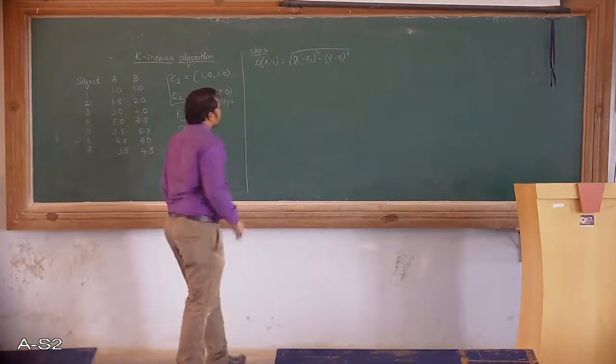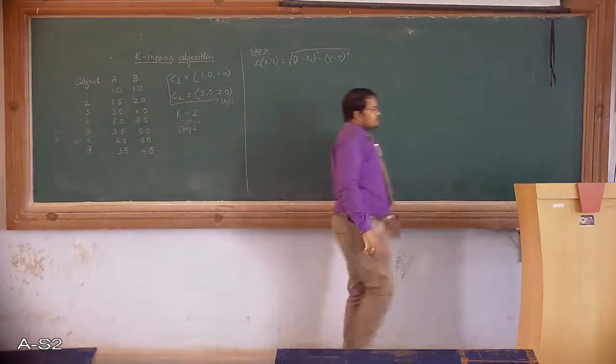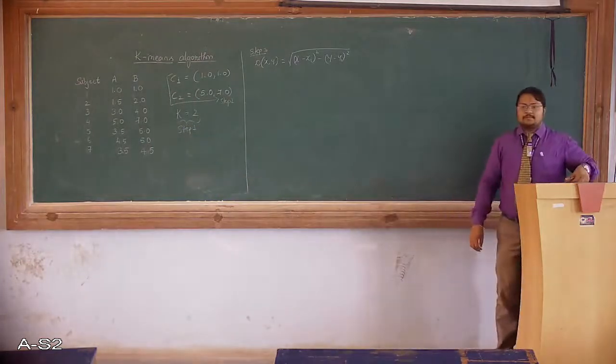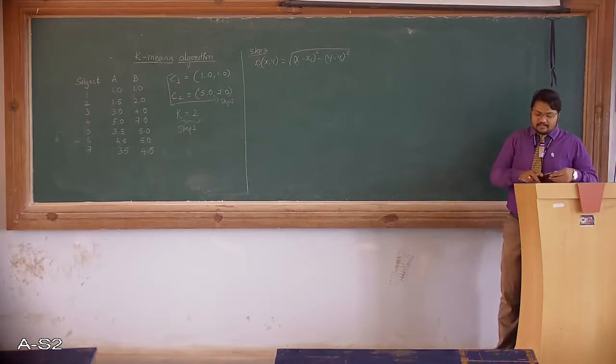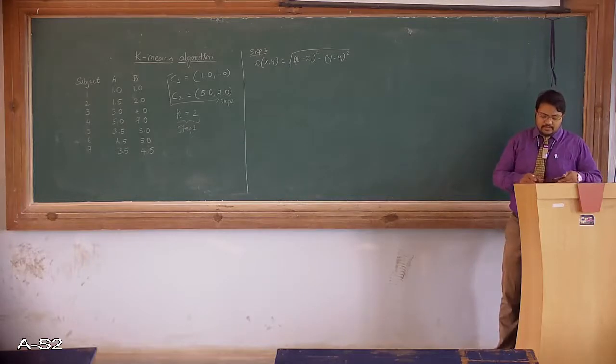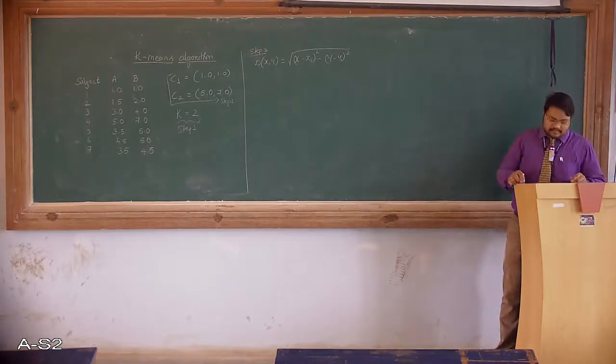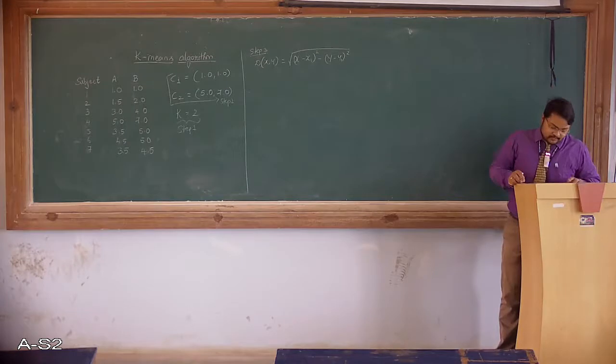Now, we have said that the distance between the clusters and the values has to be taken. Here the clusters are C1 and C2, and the values are the data which has been given. So now we are going to subtract the values.